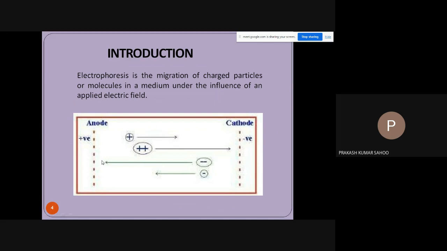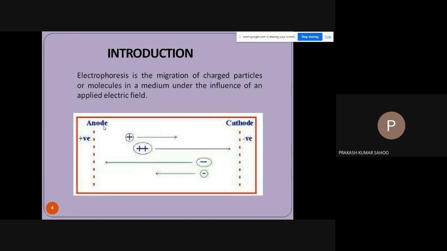Anions move toward the anode. Do not be confused between anode, cathode, cation, anion. Just remember, the cation is a positive charge; it will migrate towards the negative end, the cathode. Similarly, the negative charge is known as anion; the anion will migrate towards the positive end, which is named the anode.